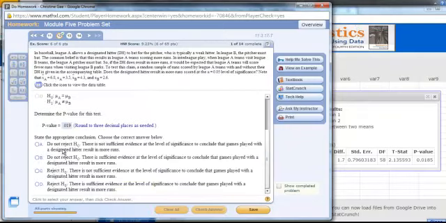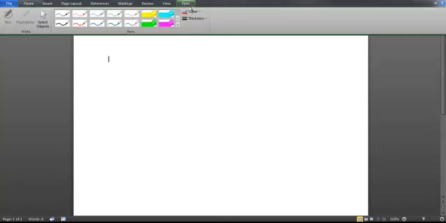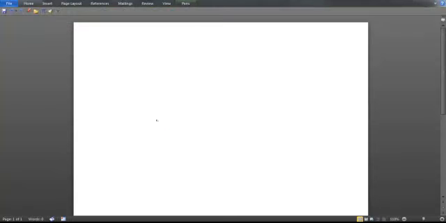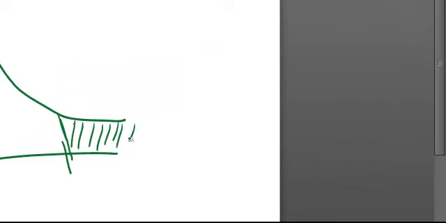Now it's asking us to state the appropriate conclusion, and we know that the alpha level is 0.05, so let me go ahead and try and draw this out. Here's our distribution curve, and we know right away that the alpha level is 0.05, so it's here.